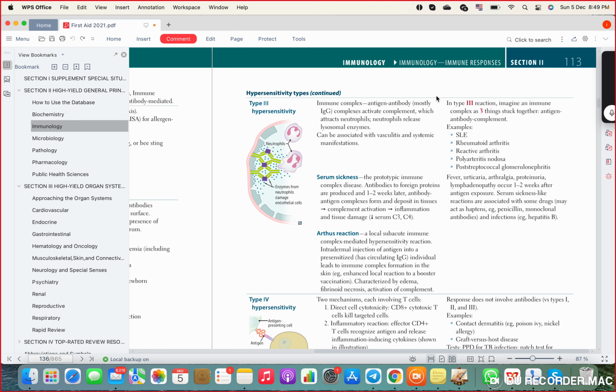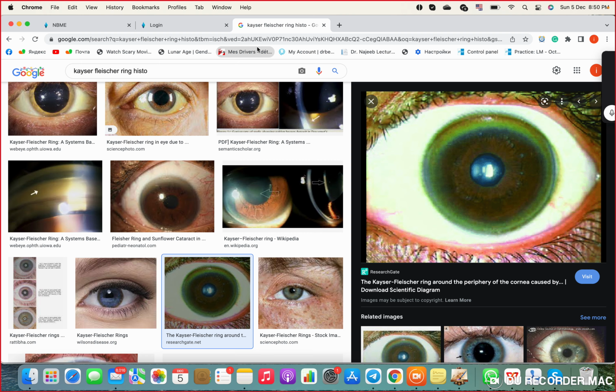So speaking about type 3 hypersensitivity reaction, we spoke about serum sickness. Can you also tell me what the word hapten means? Haptens are basically structures that are not antigens.